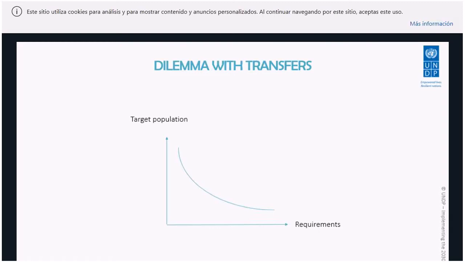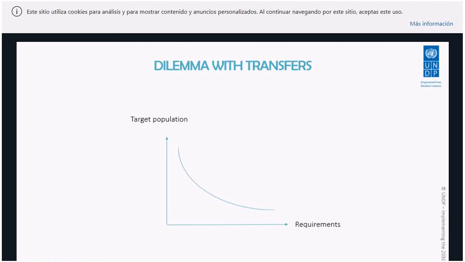Sometimes we can monetize the total cost of the provision of education and health services for each individual in the population, so we can have an idea of how, if monetized, for instance, the distribution of income could be, right?